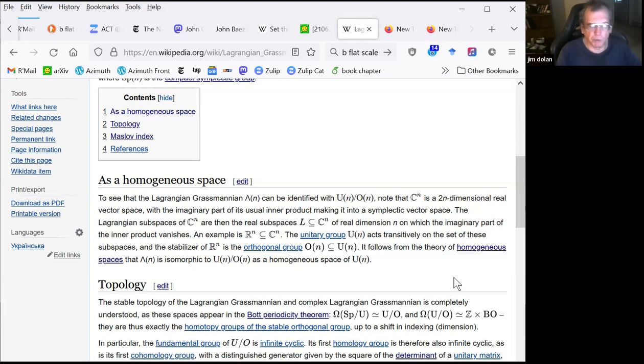We were looking at holomorphic line bundles over abelian varieties, and the adult version of that was when you started thinking about holomorphic line bundles over the non-abelian varieties.